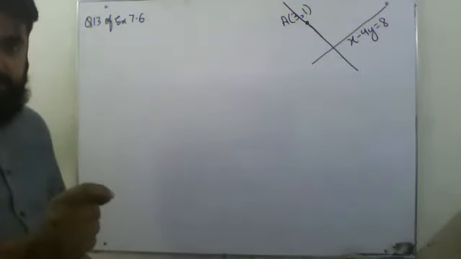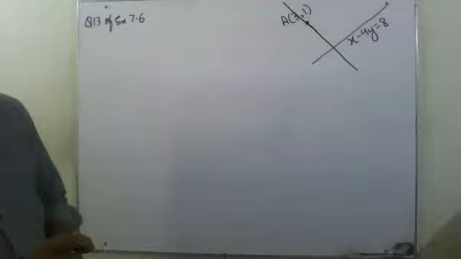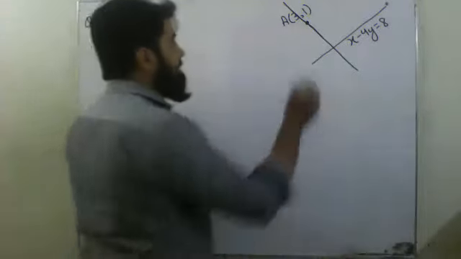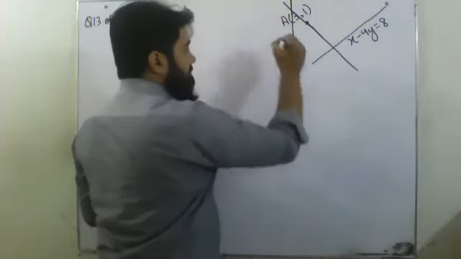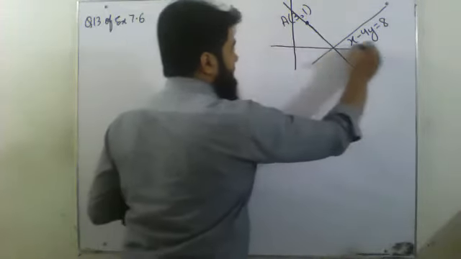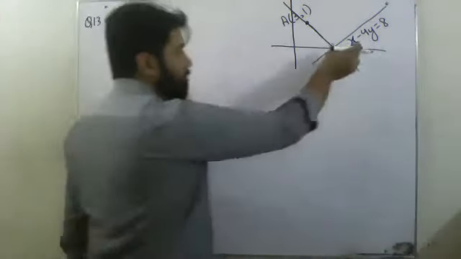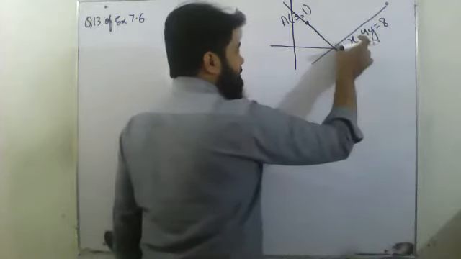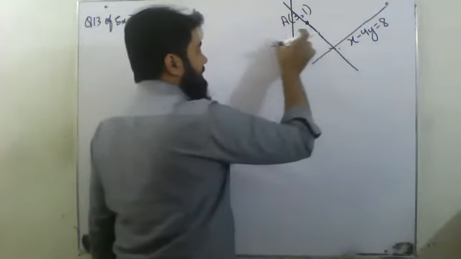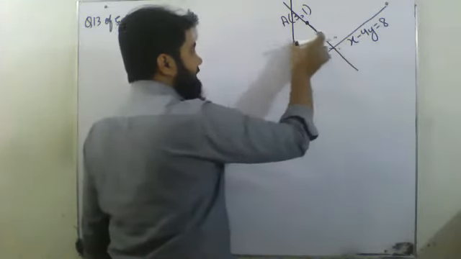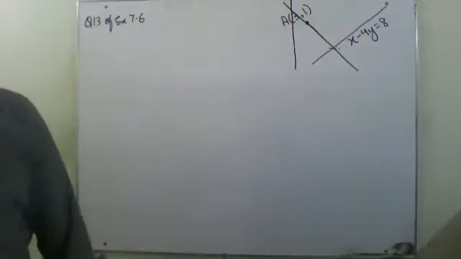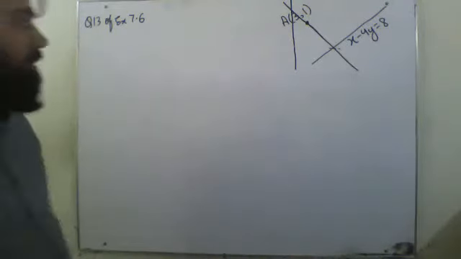Now they are saying that the line which is passing from this point perpendicular to this line is intersecting the x-axis and y-axis. Okay, it is intersecting the x-axis and y-axis at some point. I don't know at which point it is going to intersect, but they are saying that it is intersecting at some point on the x-axis and some point on the y-axis.